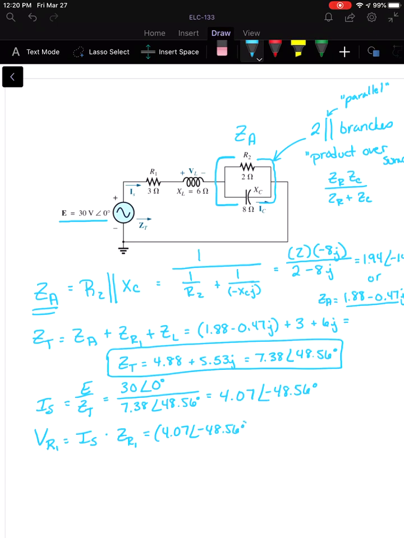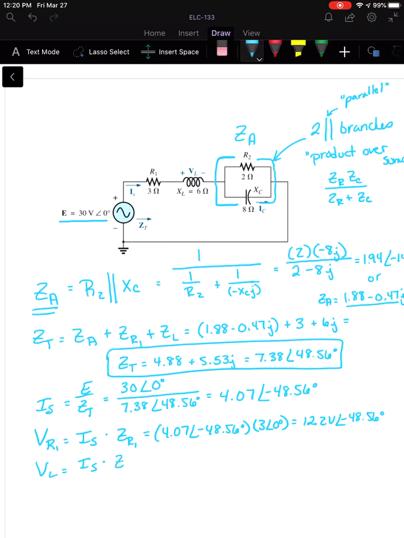So 4.07 at negative 48.56 degrees times 3 at 0 degrees. I could leave out the 3. But VR1 should be about 12.2 volts. And the angle, of course, negative 48.56 degrees.